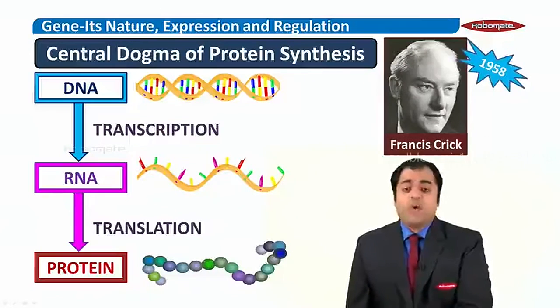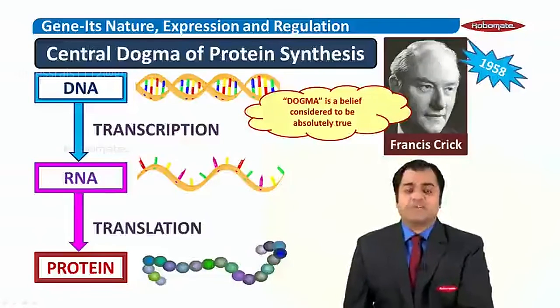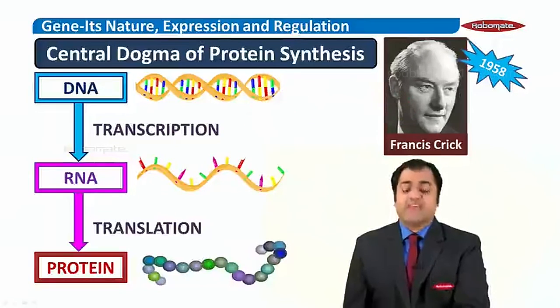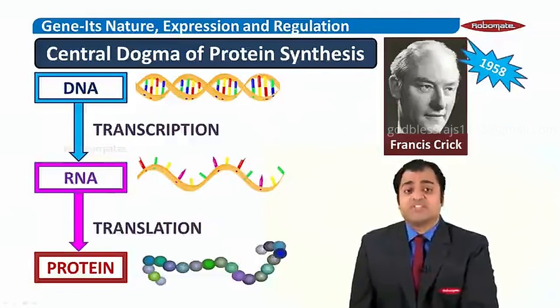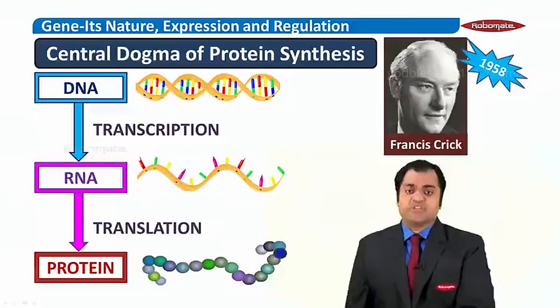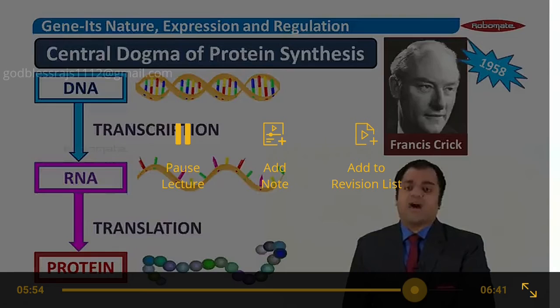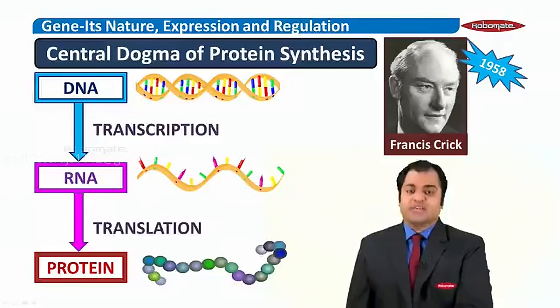Now, what is dogma? Dogma is nothing but a belief that is considered to be absolutely true. So we have to believe and we have to look at this picture and remember it for the rest of the chapter, because this is the gist of the entire chapter. That DNA molecule undergoes transcription to make RNA, and RNA undergoes translation to make a protein, and this is the central dogma of protein synthesis.